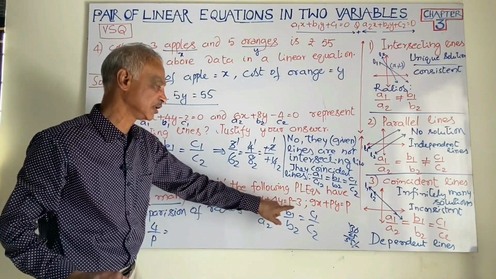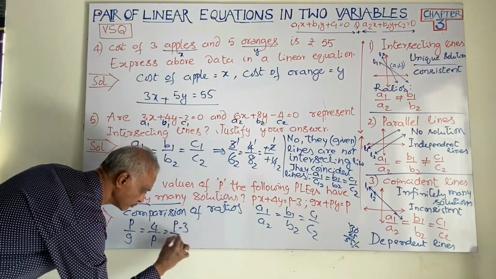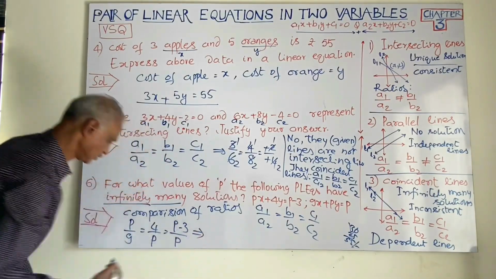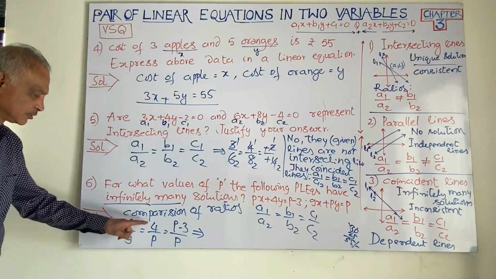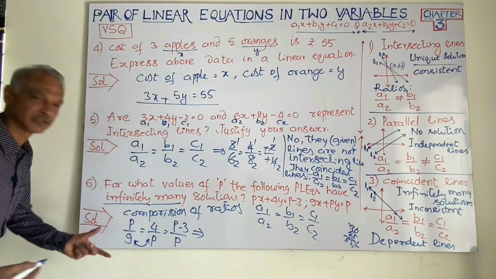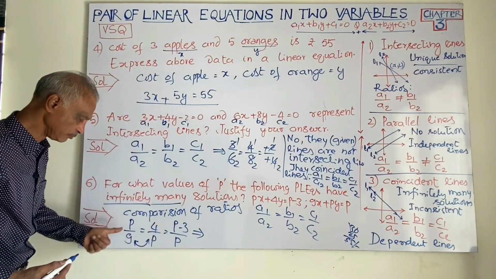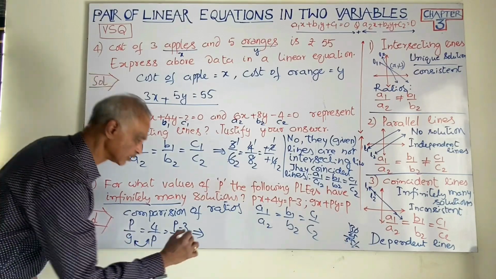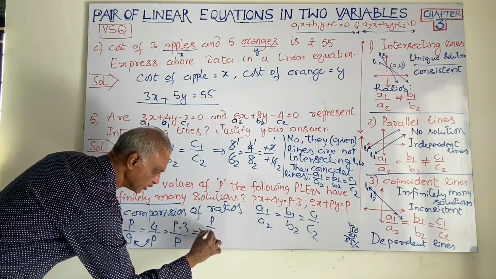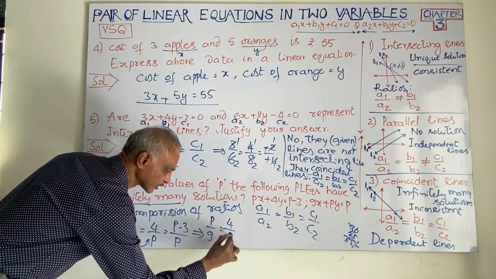Where C1 is P minus 3 by P. See, P by 9 is equal to 4 by P. These two are enough to find the value of P. No need to take the other one. So take P by 9 is equal to 4 by P.